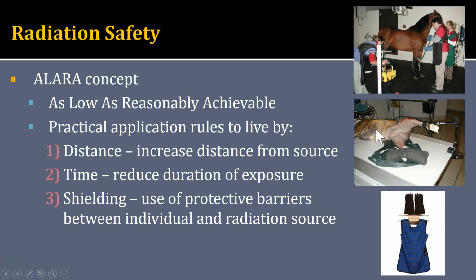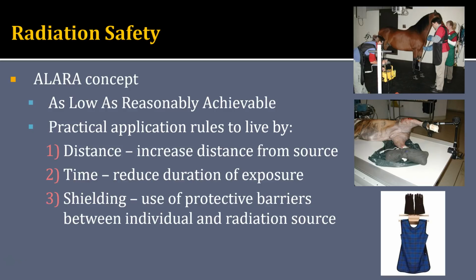So this is a sedated patient, and we can position them using some special devices. Another way is to rotate your staff so that each staff member has less time making radiographs. Having more staff will allow them to rotate through and be exposed for a shorter amount of time.